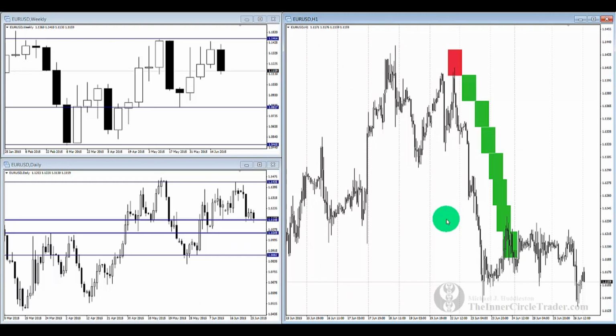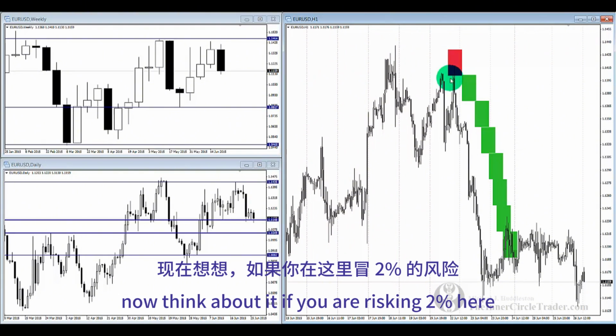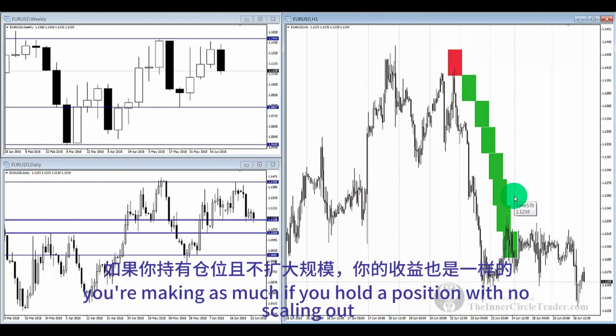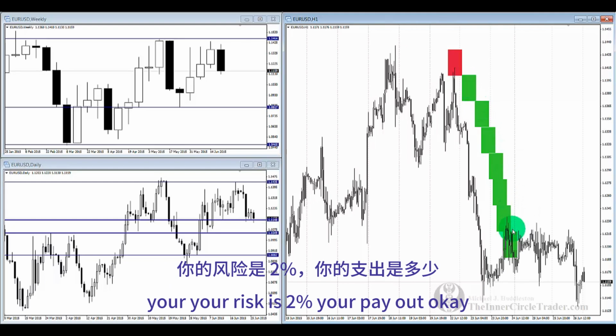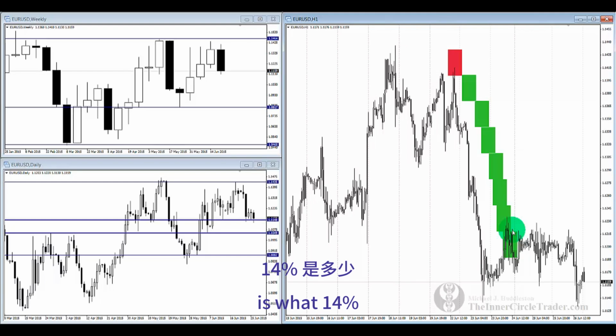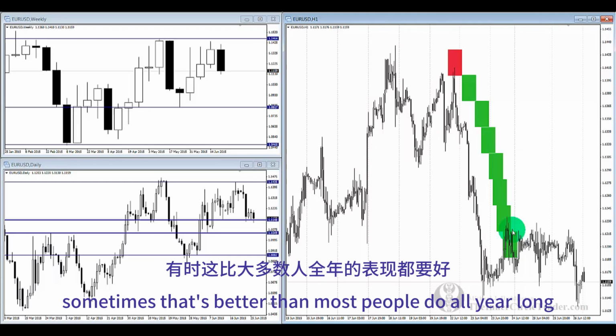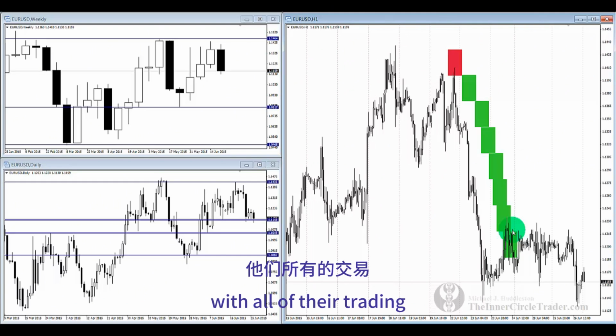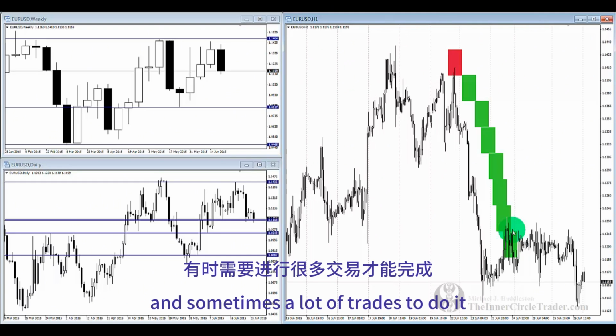Okay. Now think about it. If you are risking 2% here, you're making as much if you hold a position with no scaling out. Your risk is 2%. Your payout is what? 14%. Sometimes that's better than most people do all year long with all of their trading, and sometimes a lot of trades to do it too.